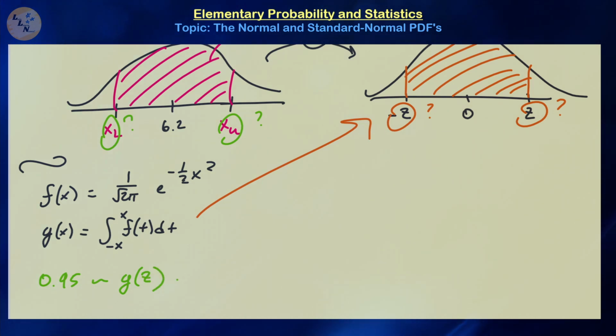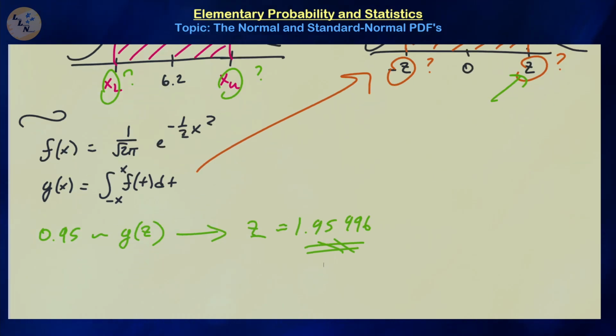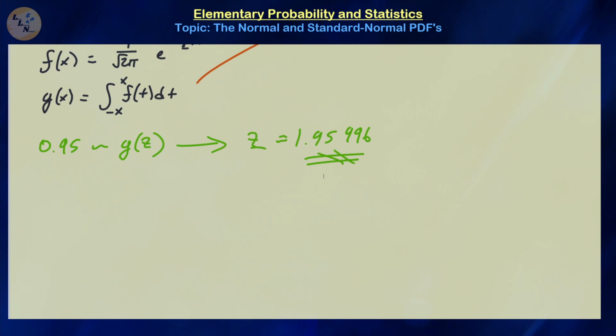Once we have that, we should get a z value associated to our upper spectrum. The negative is just going to be the opposite, and that's approximately equal to 1.95996. So once we have a z-score, how are we going to go back to the original x values that we came from?